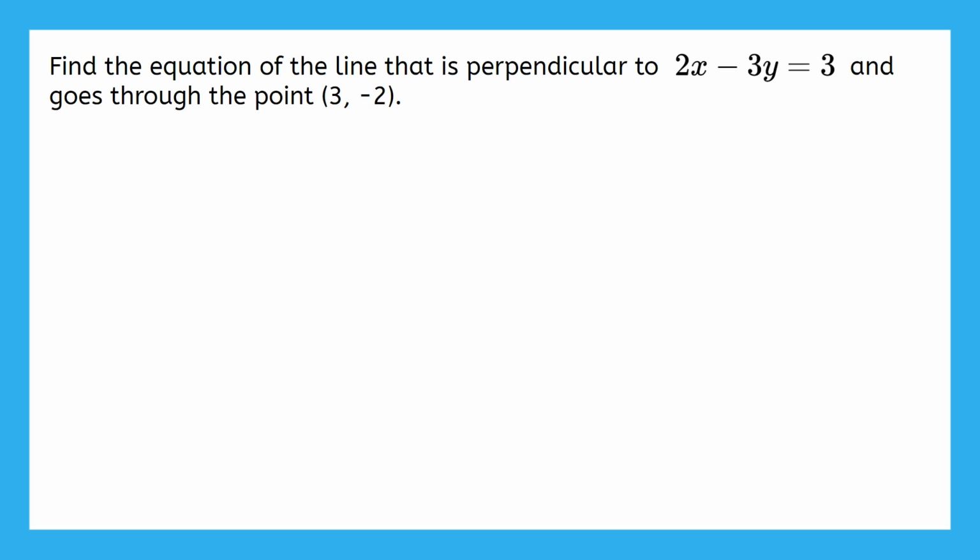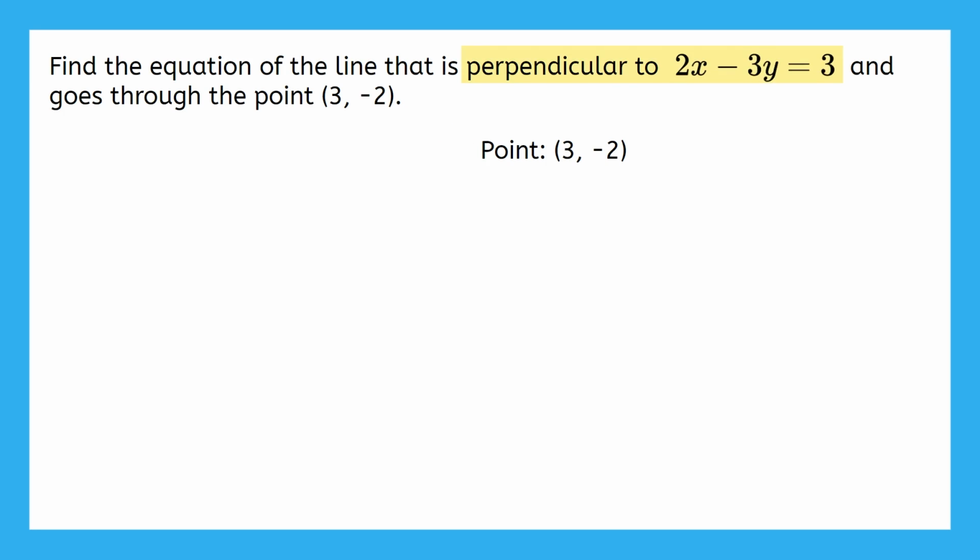Here's our first full example problem. Find the equation of the line that is perpendicular to 2x minus 3y equals 3 and goes through the point 3, negative 2. Remember, we need 2 pieces of information to be able to find the equation of a line: a point and a slope. Here's the point. They give us that outright, but where's the slope in here?